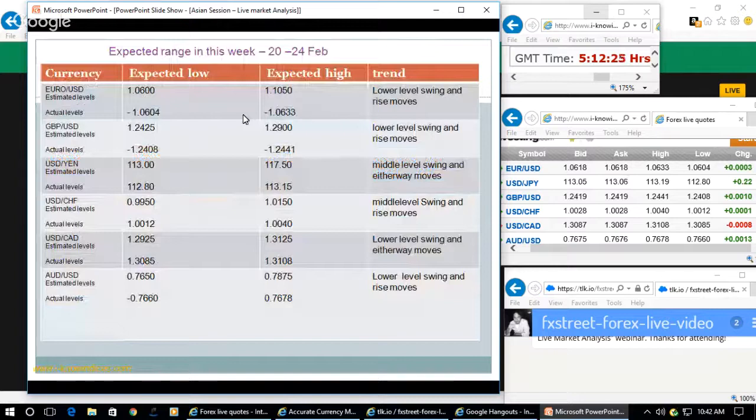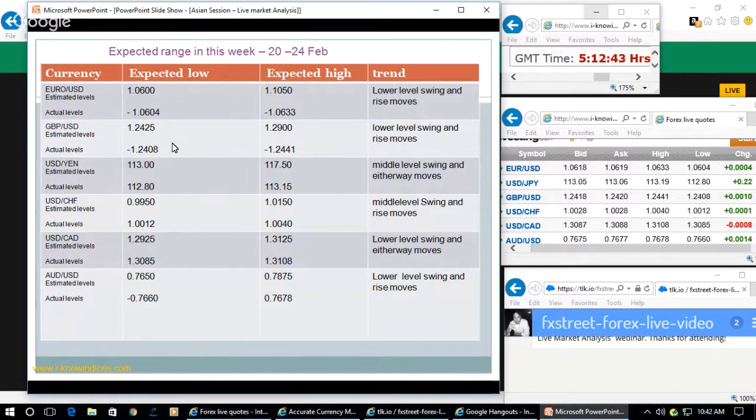Now, the levels in which the currencies are expected to swing during this particular week are being shown. Euro could swing from the 1.06 to 1.10 level, and currently it has formed a very nominal lower level consolidation.